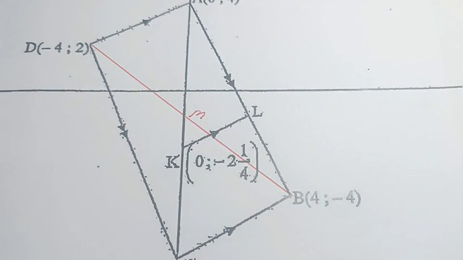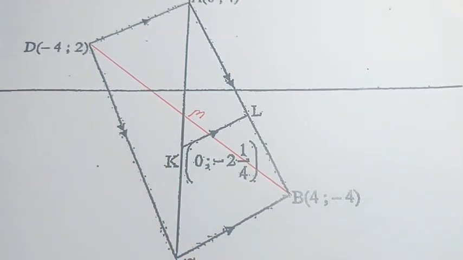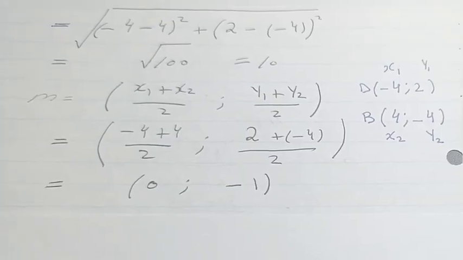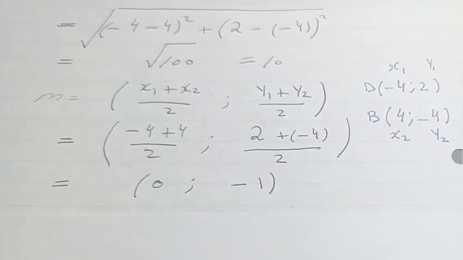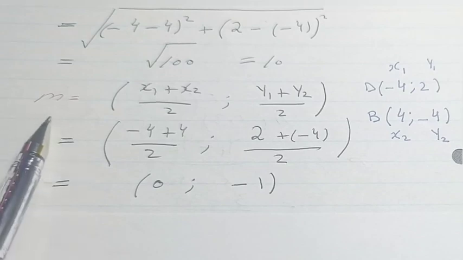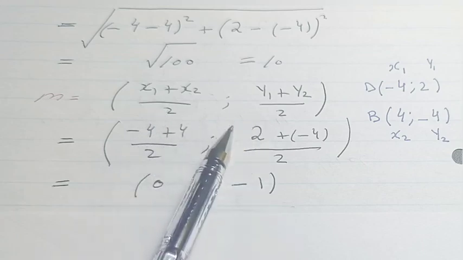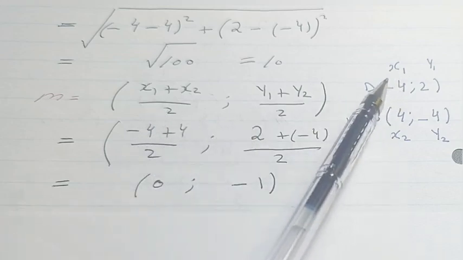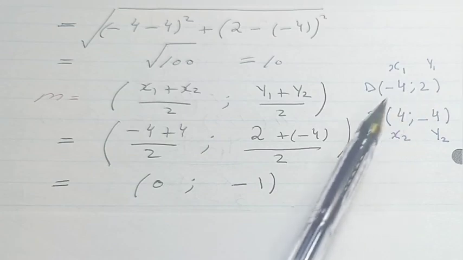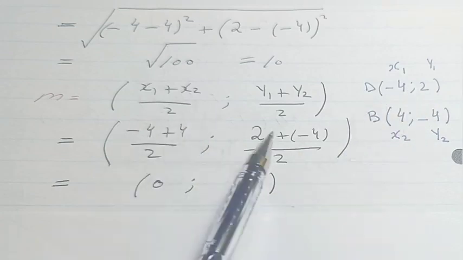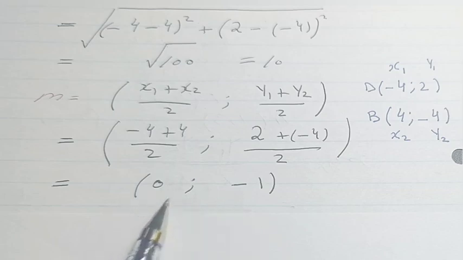He is looking for the coordinates of M. I'll show you how. M is equal to, I write the midpoint formula, and these are the coordinates of D and B, x1, y1, x2, y2. I plug them into this formula, and after the calculation I find the answer (0, -1).